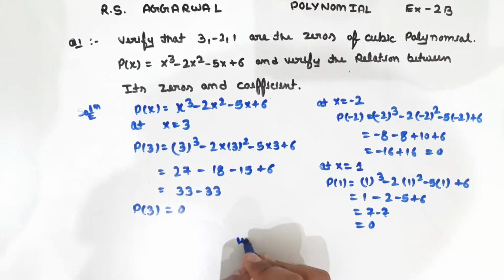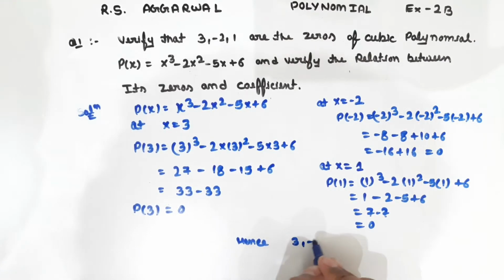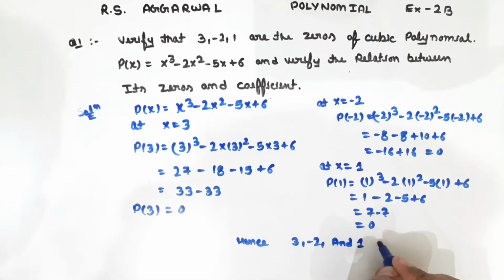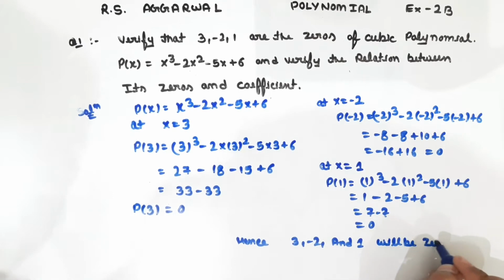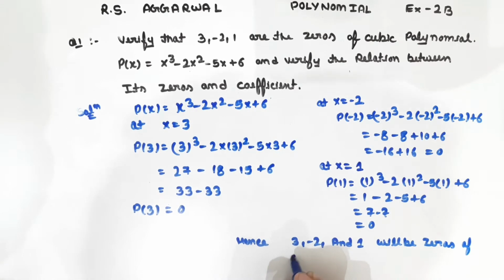Hence 3, minus 2 and 1 are the zeros of the cubic polynomial.